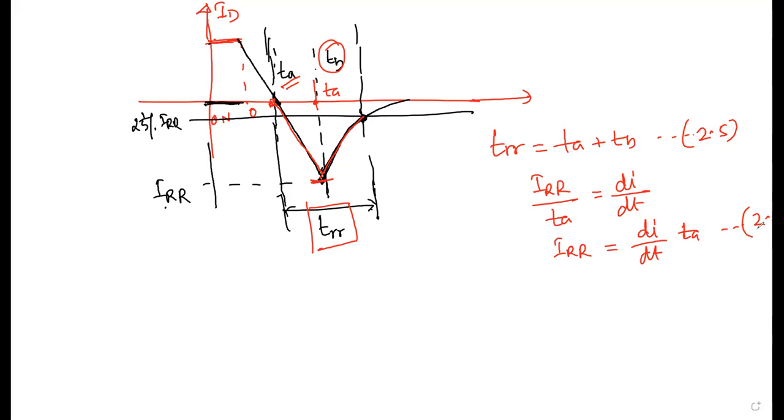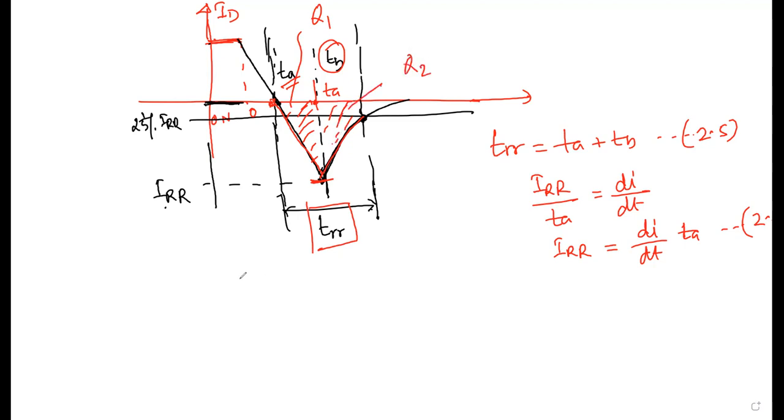now we want to find out the reverse recovery charge. So we can say this will be Q1, the charge accumulated during this triangle, and also the charge accumulated in the other triangle will be Q2.